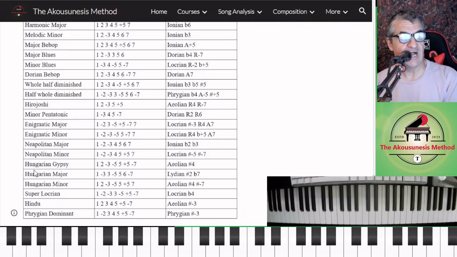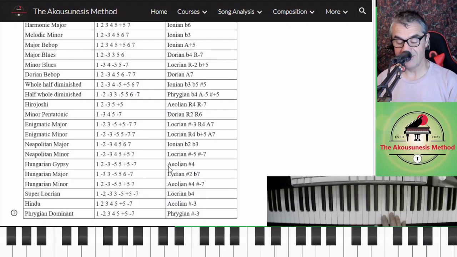So for example, a Hungarian gypsy, for instance, is Aeolian sharp 4. Well, if we don't focus on the operations, we call these operations, and just on the Aeolian, we know what an Aeolian is, right? An Aeolian, in the key of C, is just playing from A to A, right? So what would be a Hungarian gypsy?